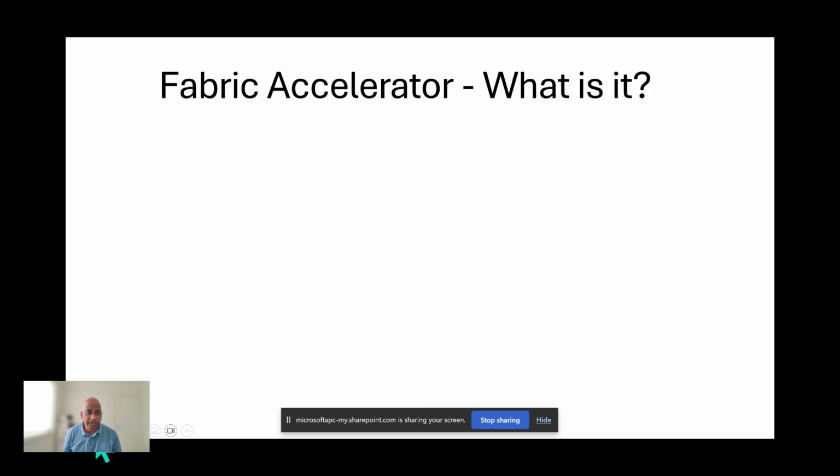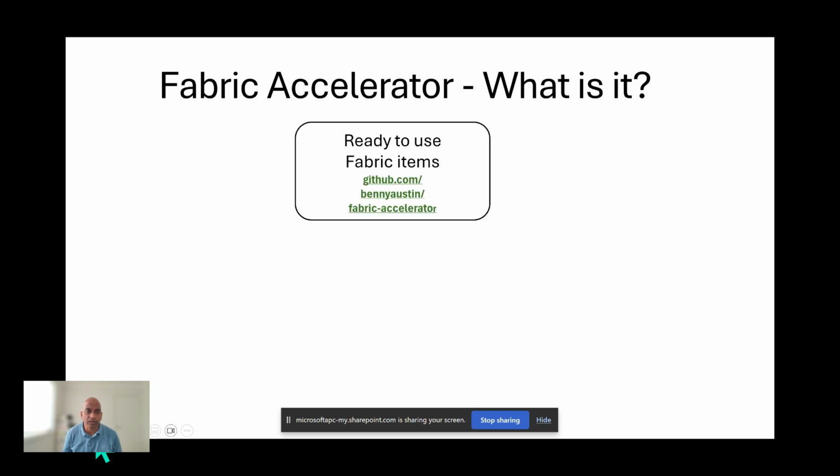Now, what is the Fabric Accelerator? How are we achieving what we said about repeatability and scalability as well as addressing tech debt? First of all, the Fabric Accelerator is a suite of reusable Fabric items that you can find in the GitHub repository.